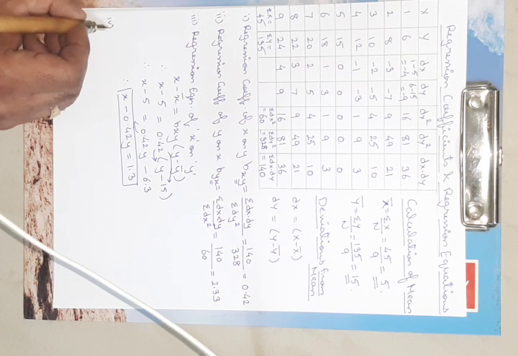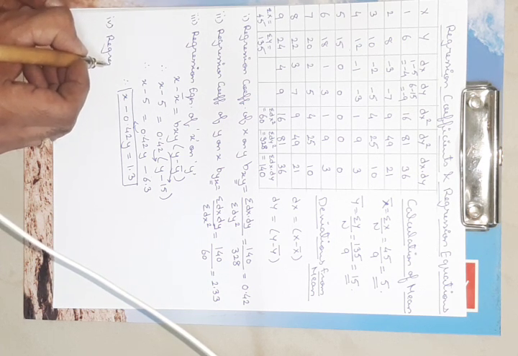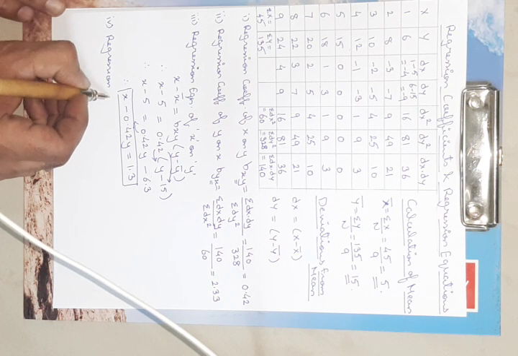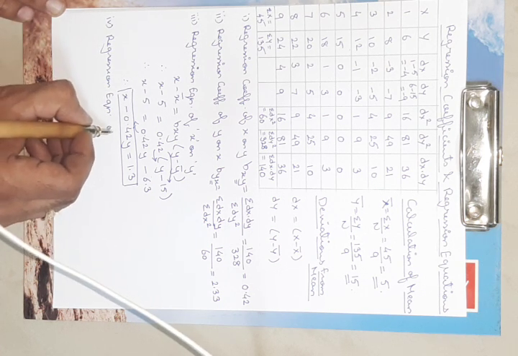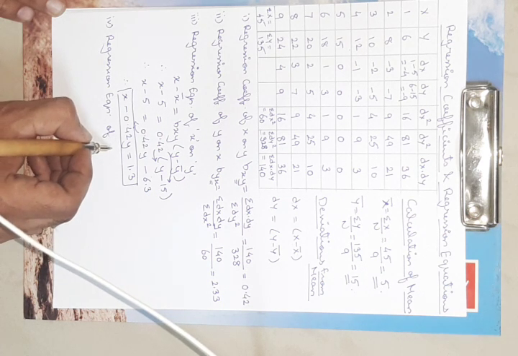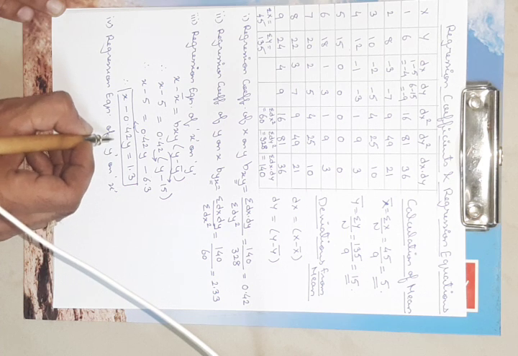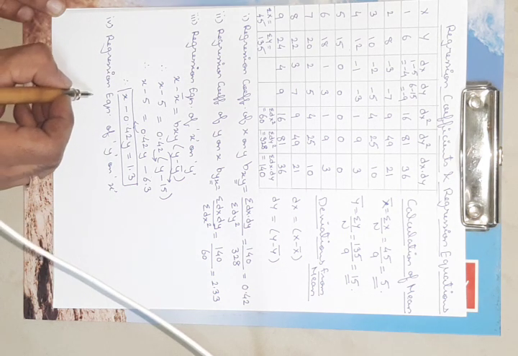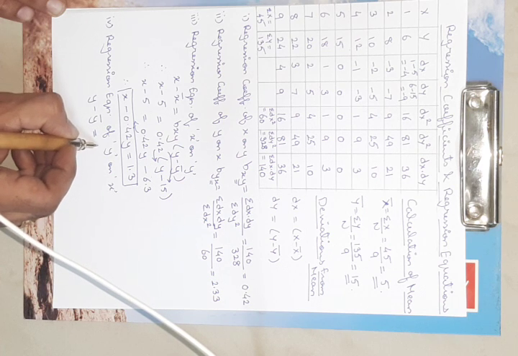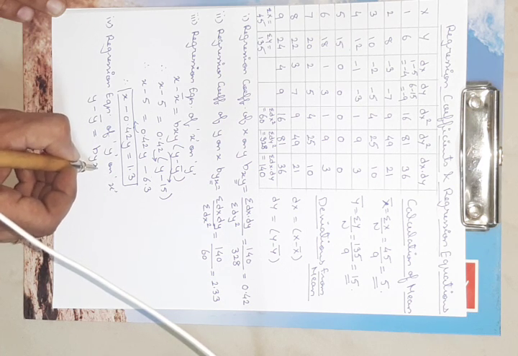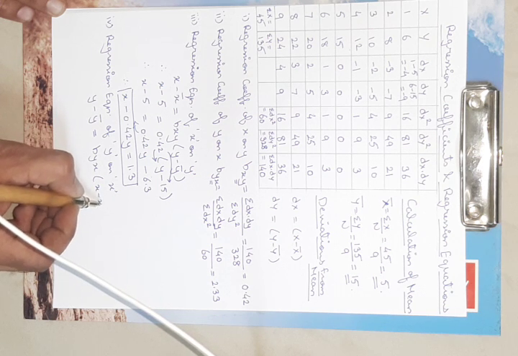Next, the regression equation of y on x. This is y minus y bar is equal to byx into bracket x minus x bar.